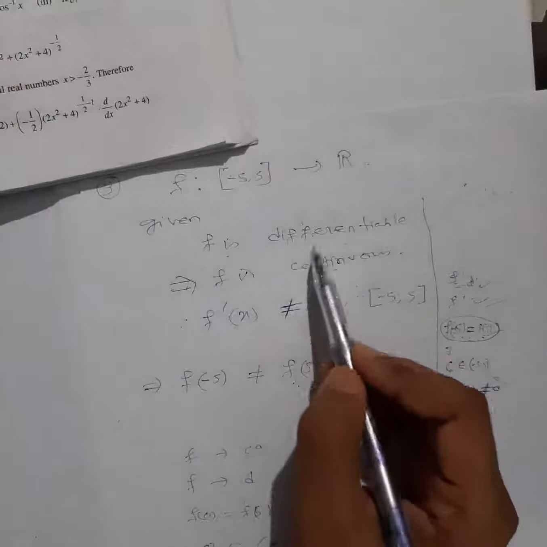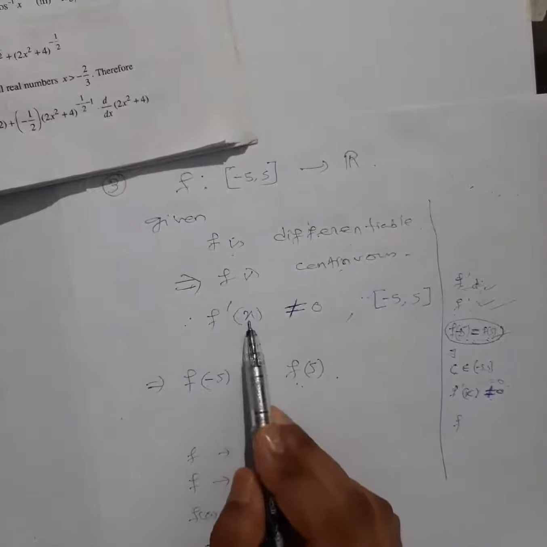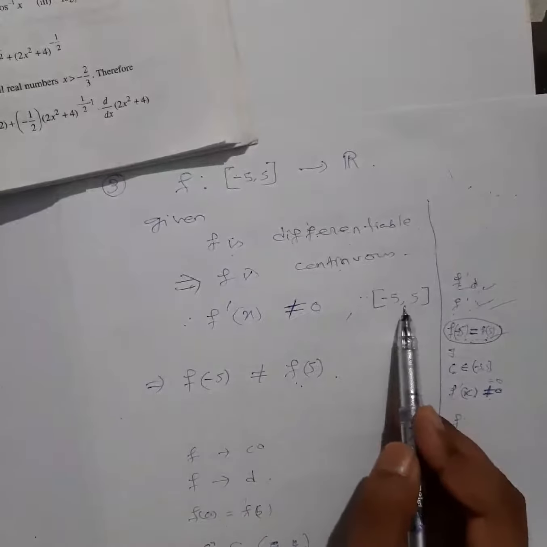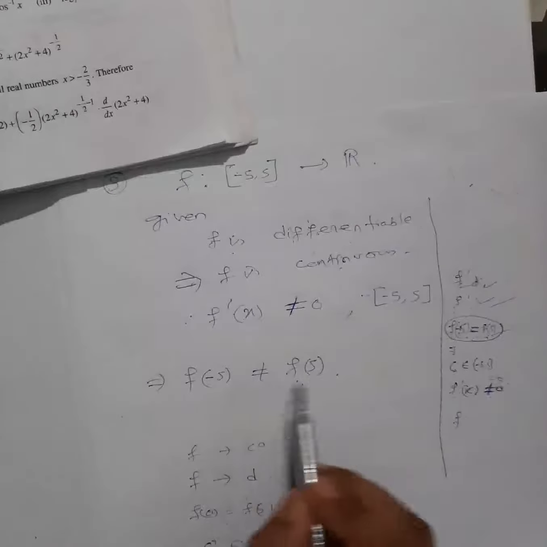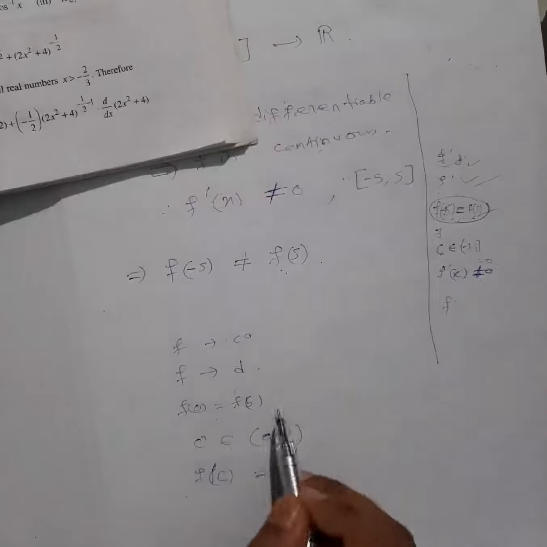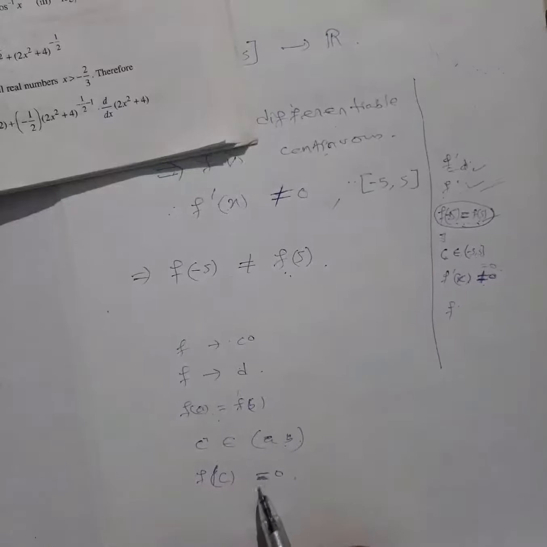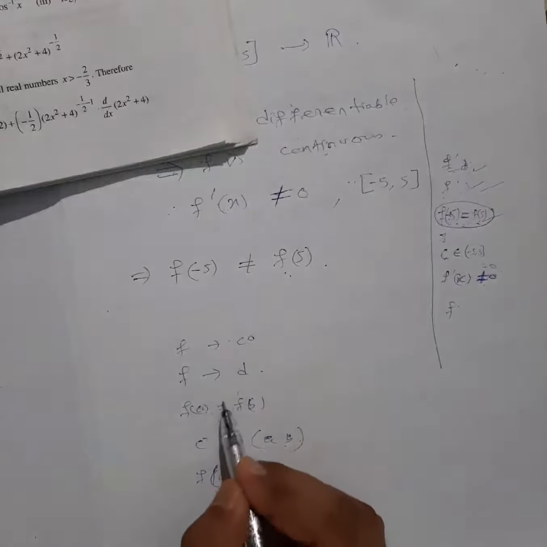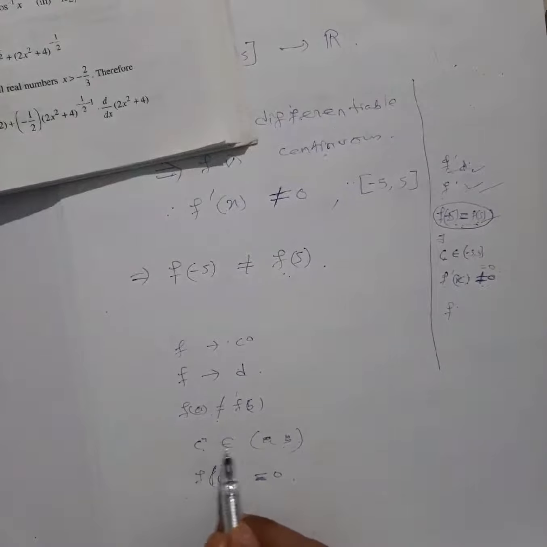Now in this case, two conditions are satisfied and they have said f dash c is not equal to 0, because for any point you are not getting 0. Means what? One of the three conditions should not be satisfied. If all of these are satisfied, it will obviously be equal to 0. We know that. So obviously they have said this is not equal to 0 means this one is not satisfied, this is not equal, then only we can say there exists no point for which this is equal to 0.